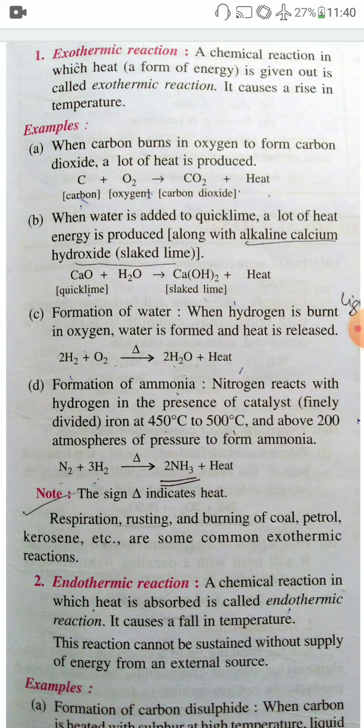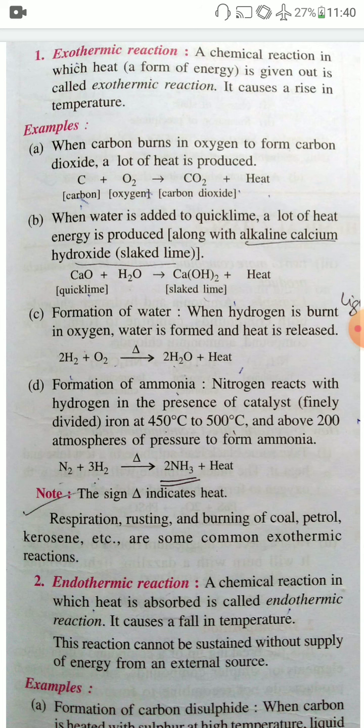When you add water to quicklime, you will see that a lot of heat energy is produced. So the reaction is CaO plus H2O gives Ca(OH)2, calcium hydroxide, that is slaked lime, plus heat. So this is also an exothermic reaction.